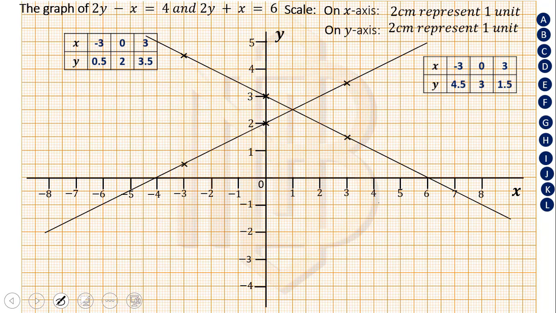Now let's solve the question. What will then be our answer? Very simple. What you just need to check is where the two lines meet. Look at it here. The two lines meet here. Can you see? If you have gotten where they meet, then you trace out the coordinates of that meeting point.